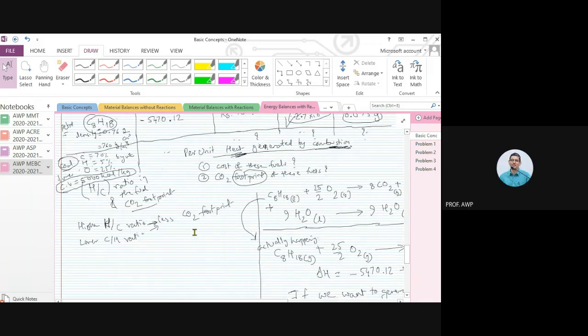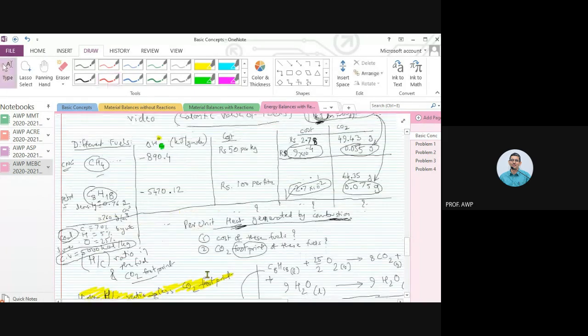Okay, sir. In general, can we make this conclusion that a higher H to C ratio gives less footprint, because higher H by C will have higher calorific value? Calorific value.